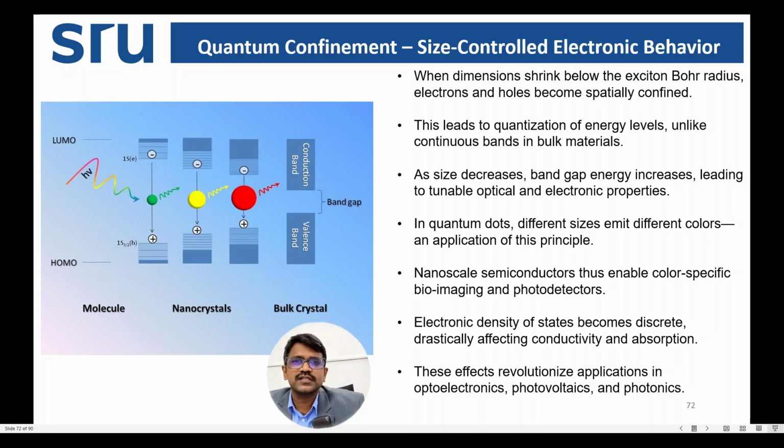This is what we use in our display technologies, so we need to alter the size of the particles to emit different colors. That's what is mentioned here: in quantum dots, different sizes emit different colors, an application of this principle.